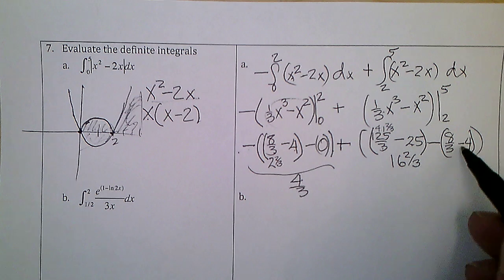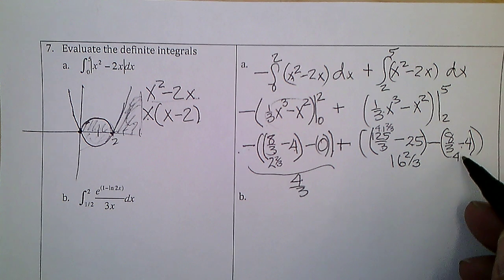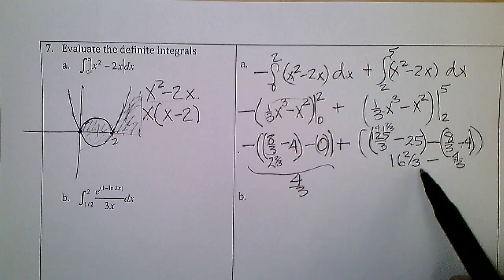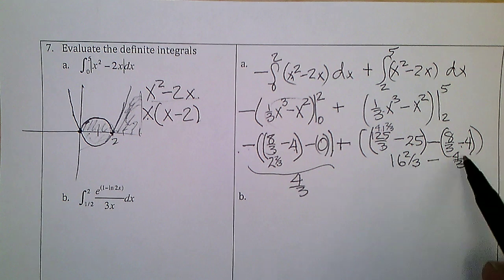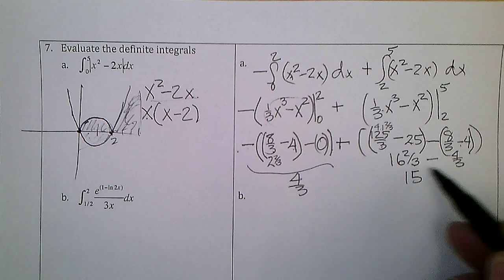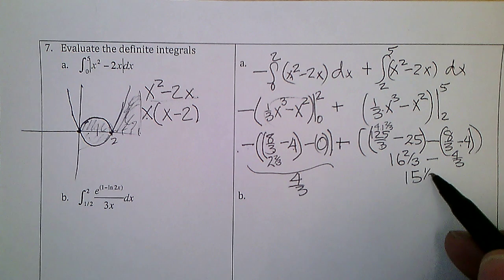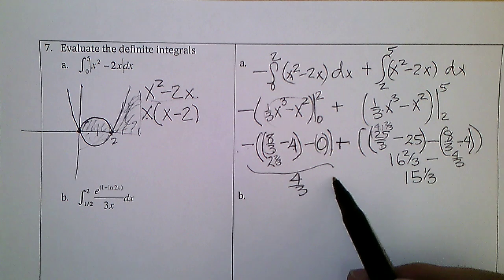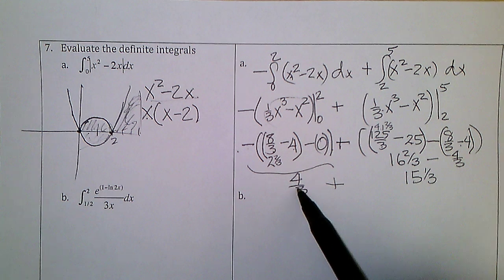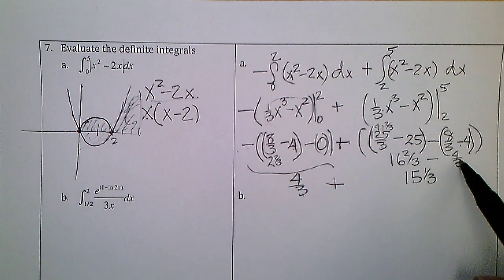And this is 4/3. And we got to subtract that. So 16 and 2/3 minus 4/3 is 15 and 1/3. So we got 4/3 plus 15, and we have plus 4/3 and minus 4/3.